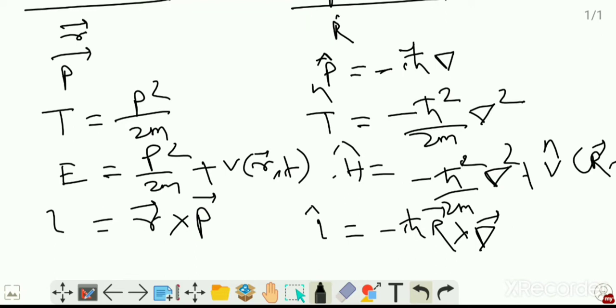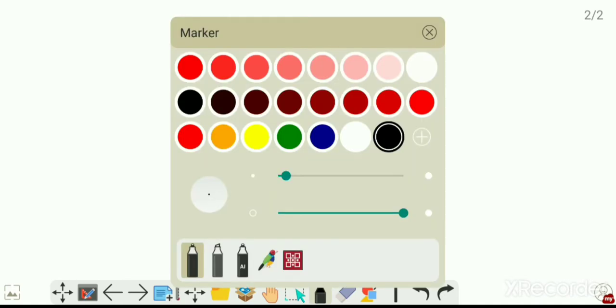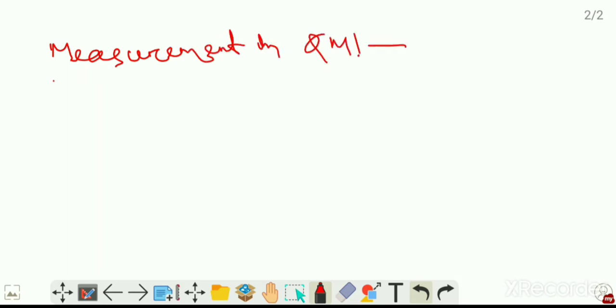Okay. Next we'll see about measurement in quantum mechanics. In classical mechanics, any measurement does not perturb the system, but in quantum mechanics, the measurement changes the state of the system.